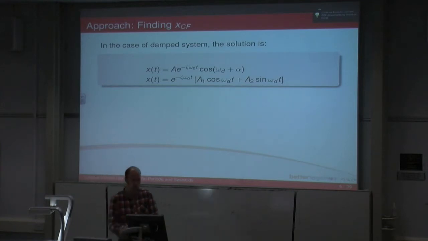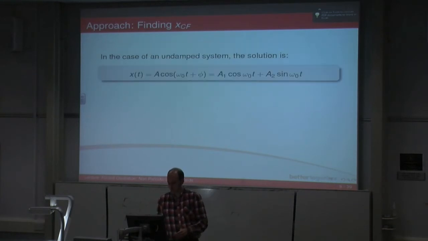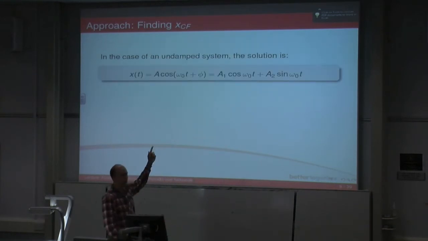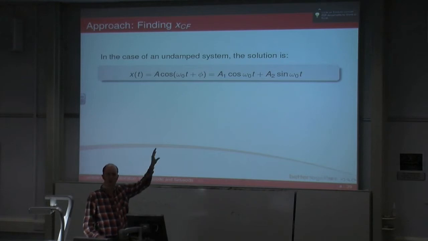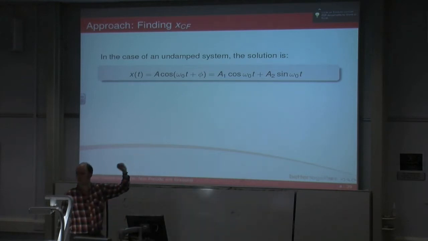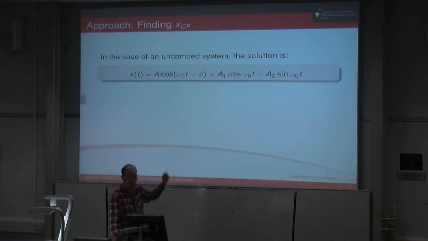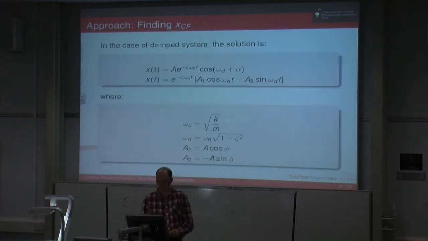And these are the solutions, so this one and this one are the solutions for that XCF, the complementary function. This is what the system will do if the whole thing is unforced. Okay? You have this one and this one.